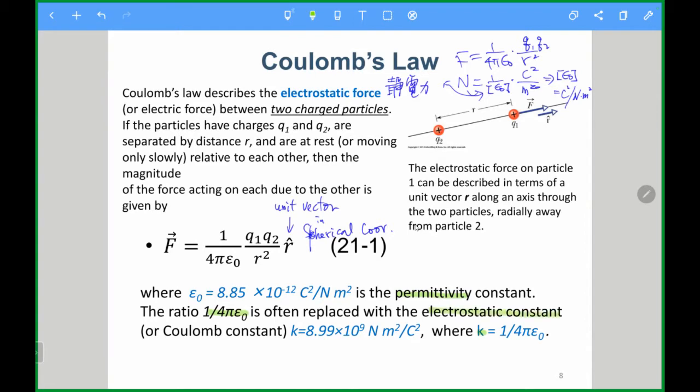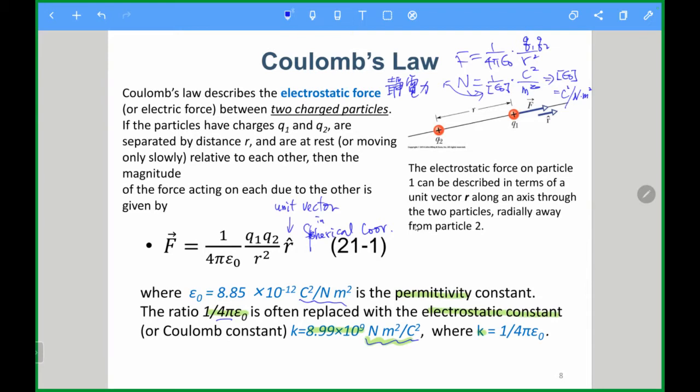I don't remember this name, so I usually call it K. And this K is nothing but 8.99 times 10 to the 9th power. Of course, the SI unit is the other way around, because 4 pi doesn't have any SI unit. So the SI unit for K should be the reciprocal of that of epsilon naught.